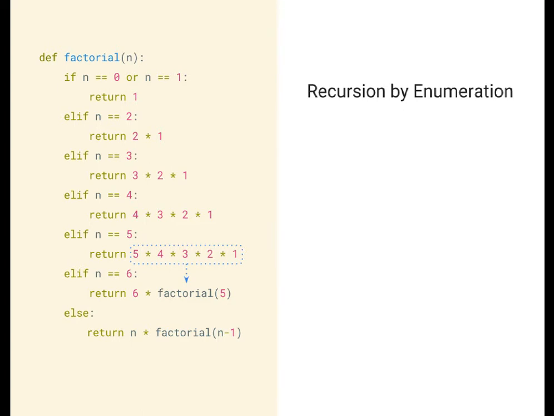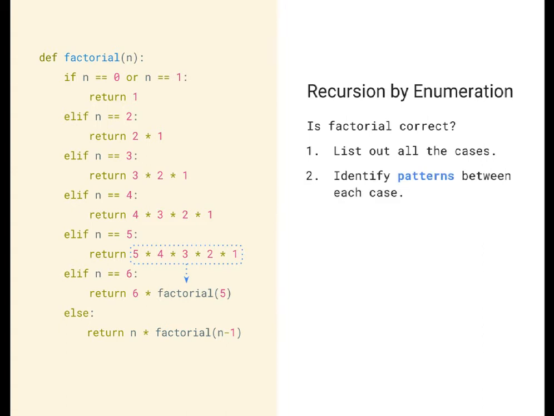Let me call that right here. Let me substitute that out. And using this way, we can find a pattern. So we're still answering the same question. But this time, we list out all the cases, identify the pattern, and then simplify repeated code with recursive calls. This is a way that will essentially always work, or at least it always worked when I took 61A, to solve recursive problems.